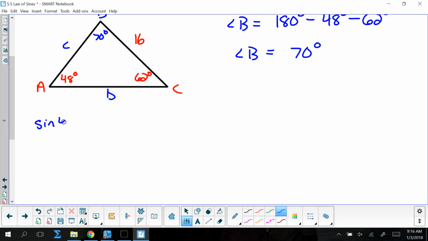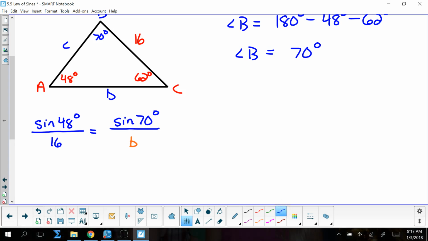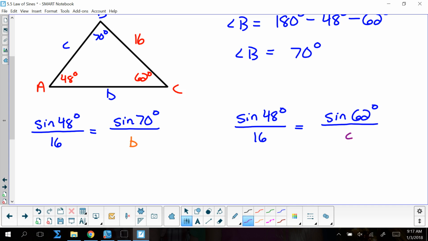So the sine of 48 degrees over 16 is going to equal, let's just go in alphabetical order, the sine of 70 degrees over side B. And the sine of 48 degrees over 16 is going to equal the sine of 62 degrees over side C. Okay? How am I going to solve those?